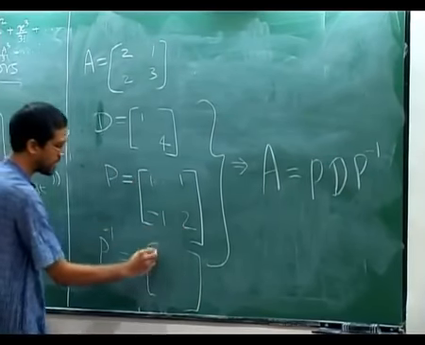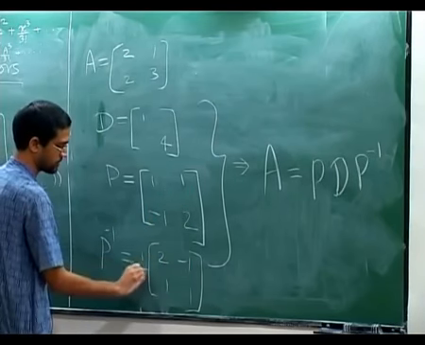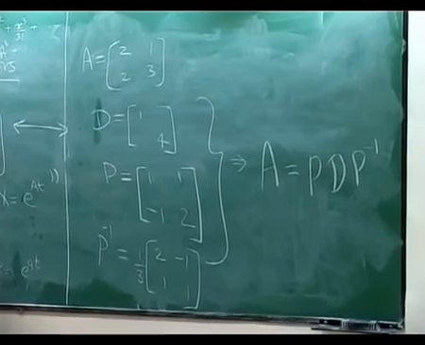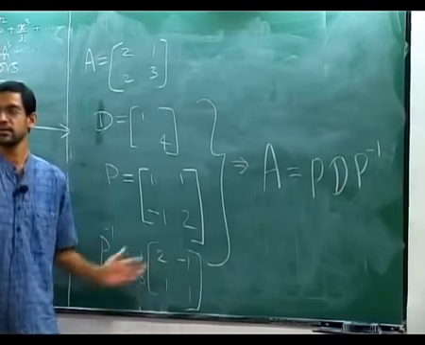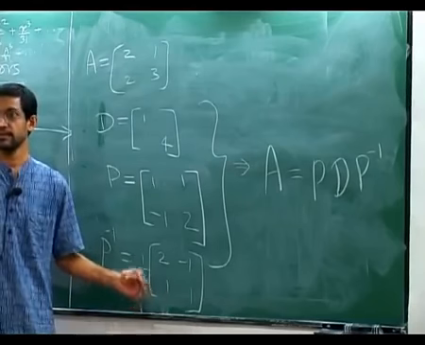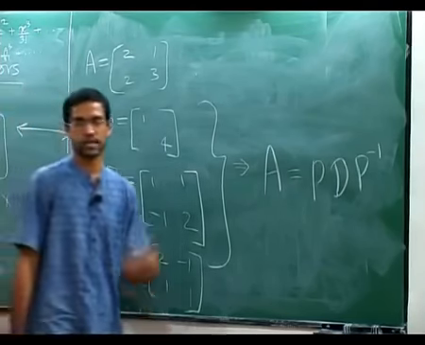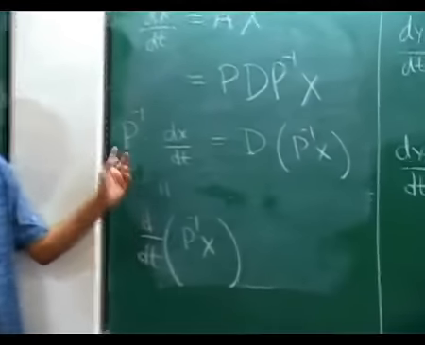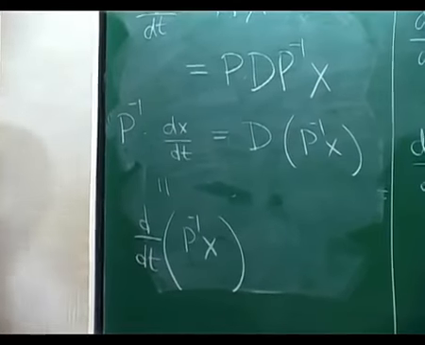You just swap the diagonal entries, negate the off-diagonal entries, and divide by the determinant, just 3 in this case. So that's the inverse of this matrix. P inverse is just some 4 numbers. It's a constant. So if I do the derivative of this matrix, it is 0. Derivative again means you should do the derivative of every entry. So that term I will not get. If I do the product rule for this product, I will only get one surviving term, which is this one. The other term is 0. So it's the same.